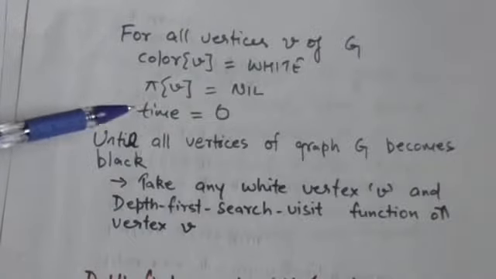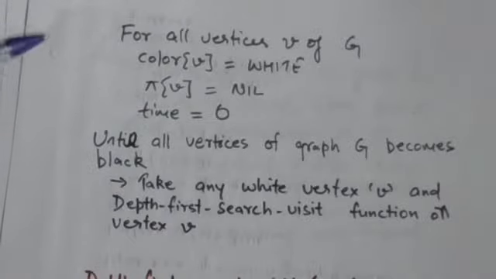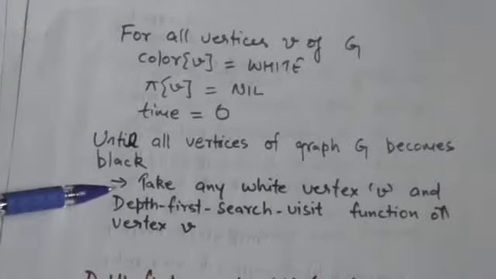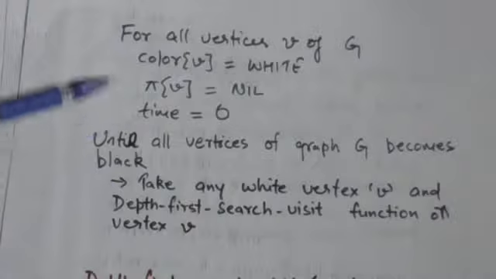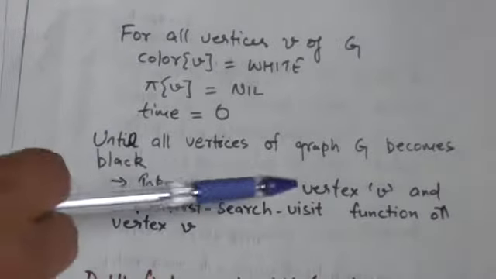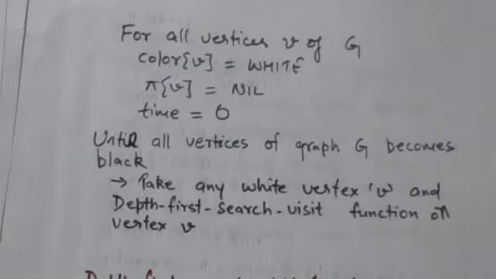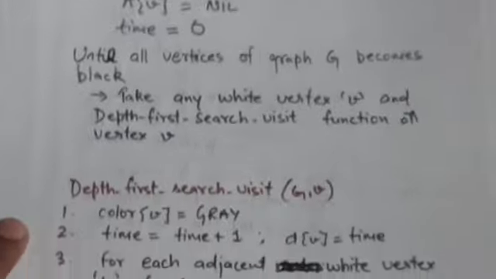Until all vertices of graph G become black, we will take any white vertex V of graph G and call the depth first search visit function on vertex V, right? Now, what does this depth first search visit function do on vertex V?